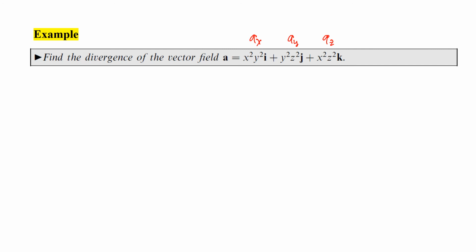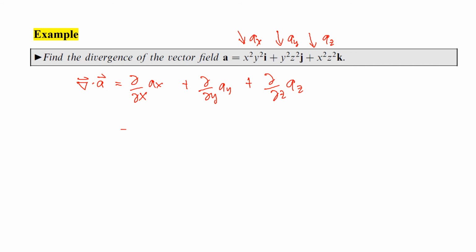Just remember that the divergence of your vector field A is just del dot A, which is equal to the partial derivative with respect to x of Ax plus the partial derivative with respect to y of Ay plus the partial derivative with respect to z of Az. Again, this is your x component, your y component, and your z component.